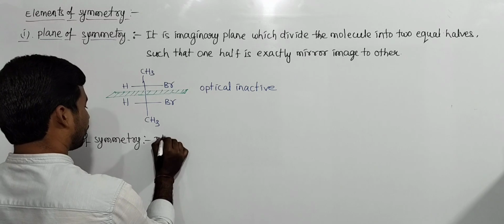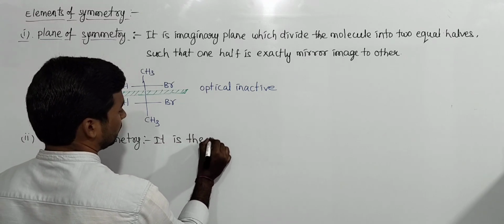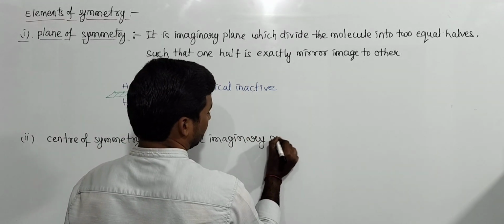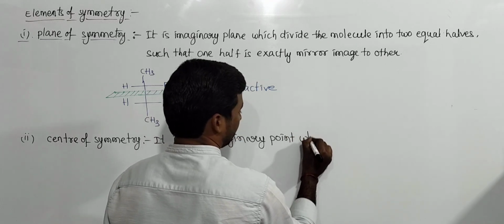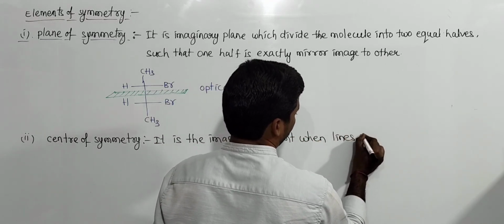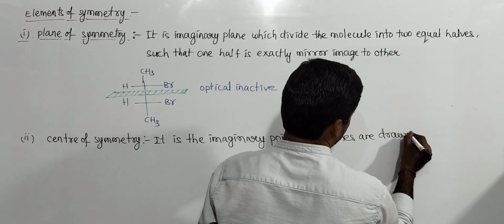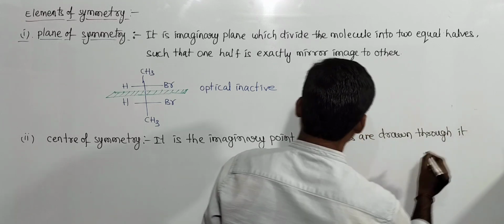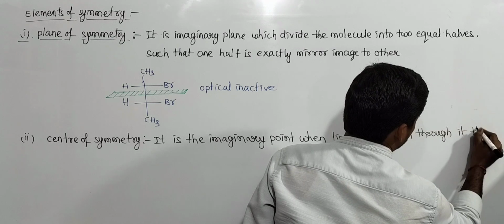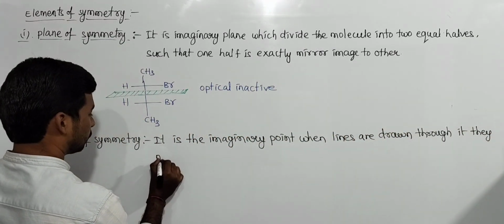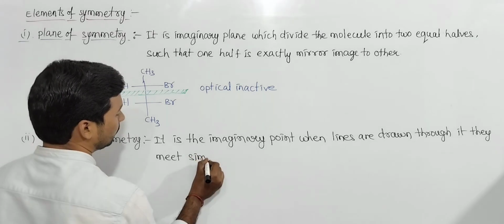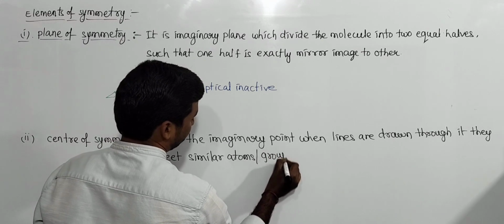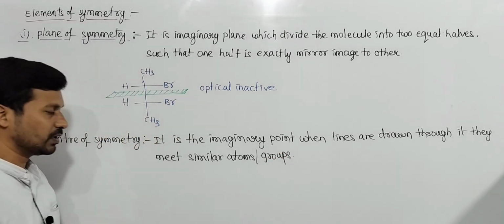It is an imaginary point such that when lines are drawn through it, they meet similar atoms or groups.